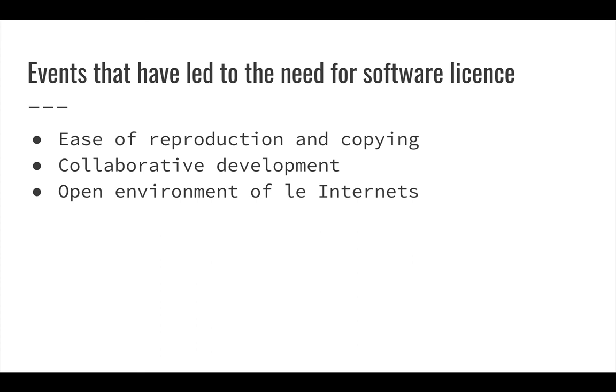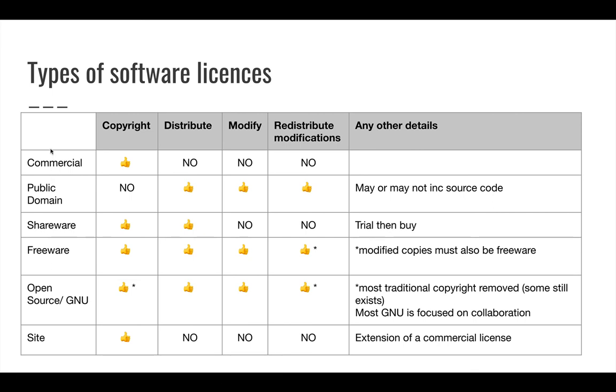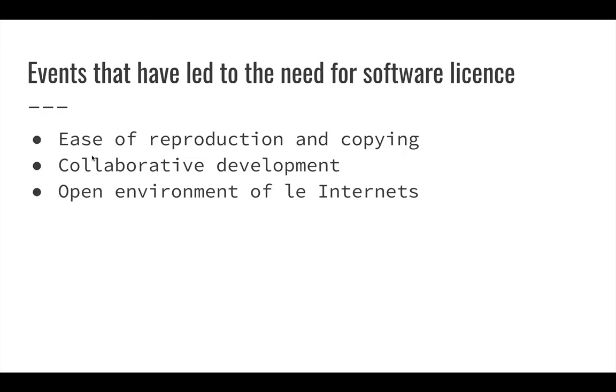As the other flip side of collaborative development, you have things like open source or GNU licenses, because some people really want to collaborate and create content together that doesn't necessarily have the option of going under these traditional software licenses.